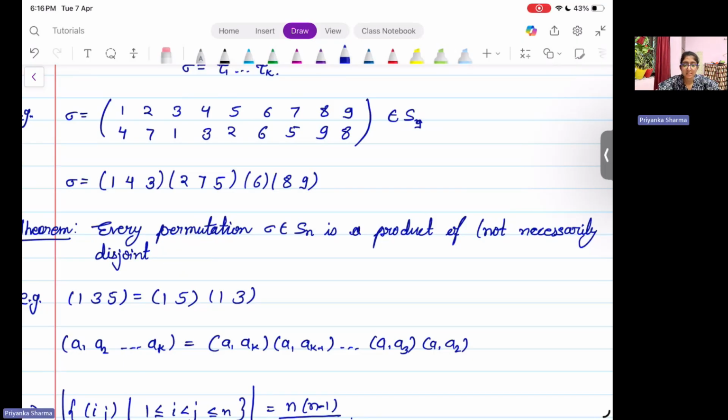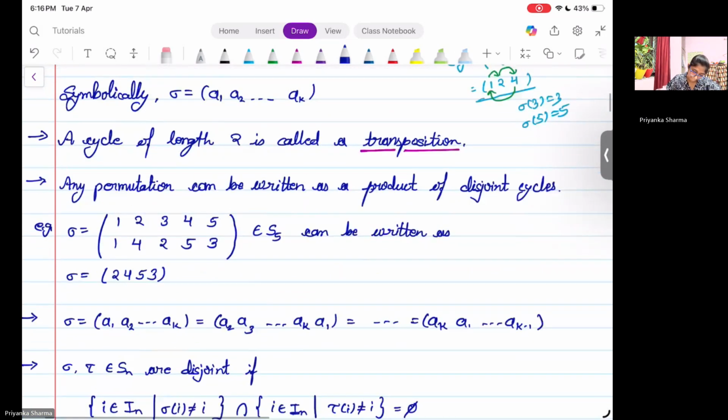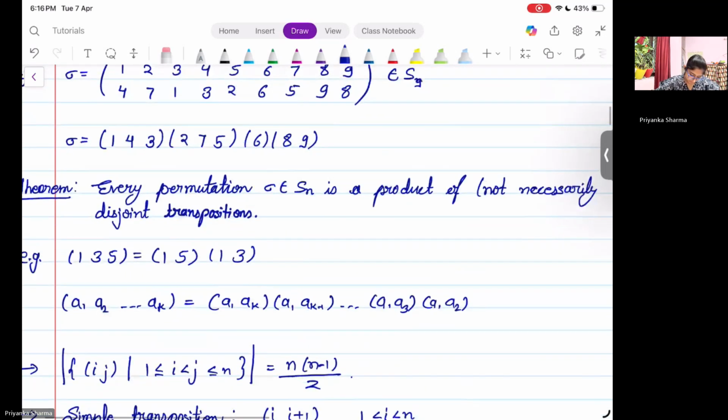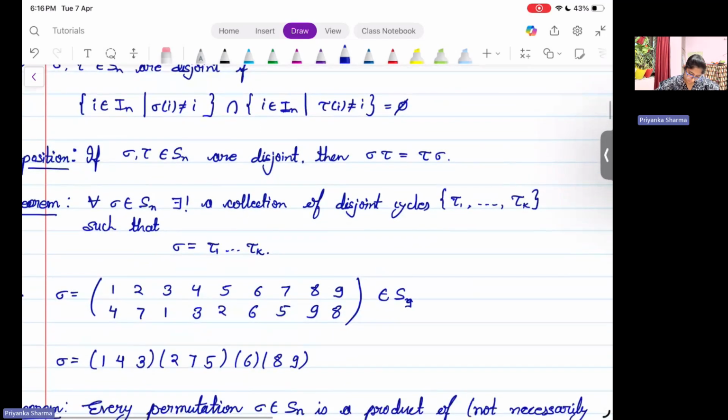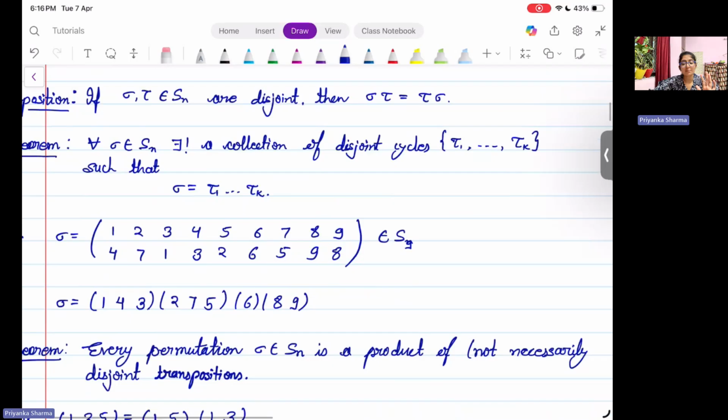So every permutation sigma belonging to Sn is a product of transpositions, that is, cycles of length 2. As we can represent a given permutation as a product of disjoint cycles, we can represent a given permutation as a product of transpositions, but the product is not necessarily unique.